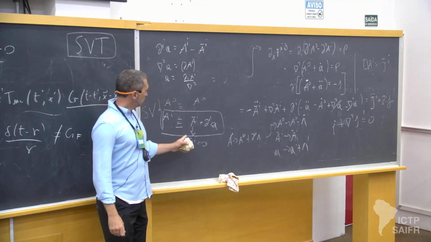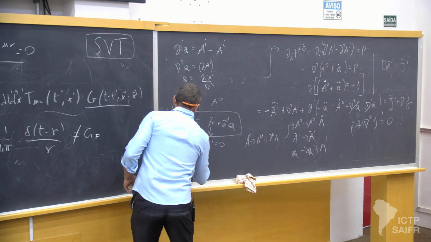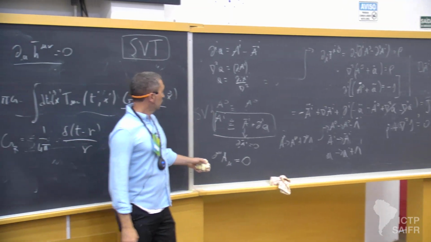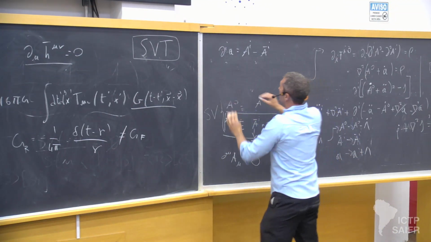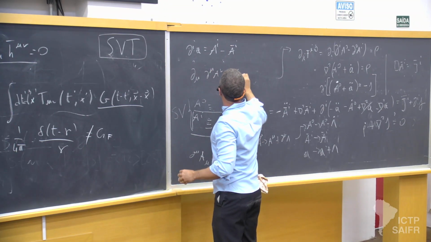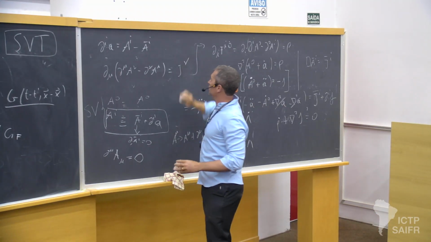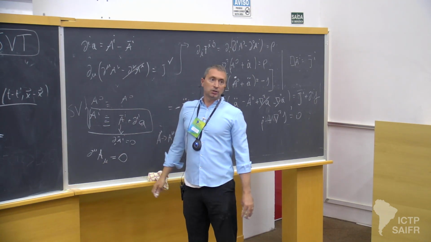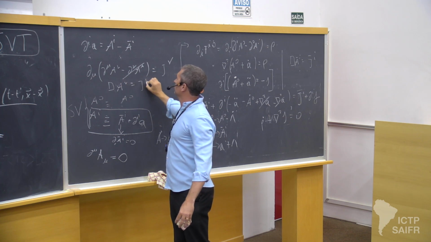Yes, so in electromagnetism you can kill the degrees of freedom by putting this constraint. I say, I want to work in this gauge. If you work in this gauge and then go back to the original equation, which is d_mu(d^mu A^nu - d^nu A^mu) = j^nu, then if I enforce this constraint, this object goes away, and my equation of motion becomes box A^nu equal to j^nu.